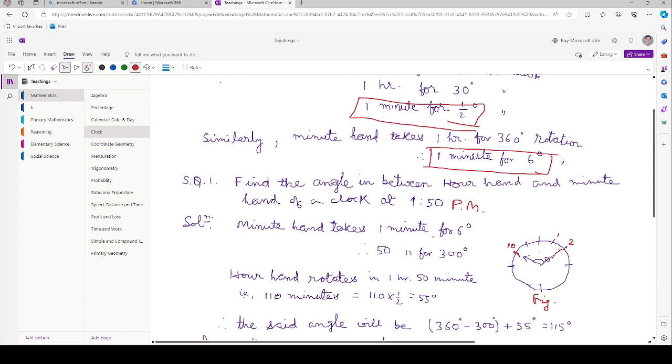So minute hand takes 1 minute for 6 degrees. Therefore, 50 minutes for 300 degrees.